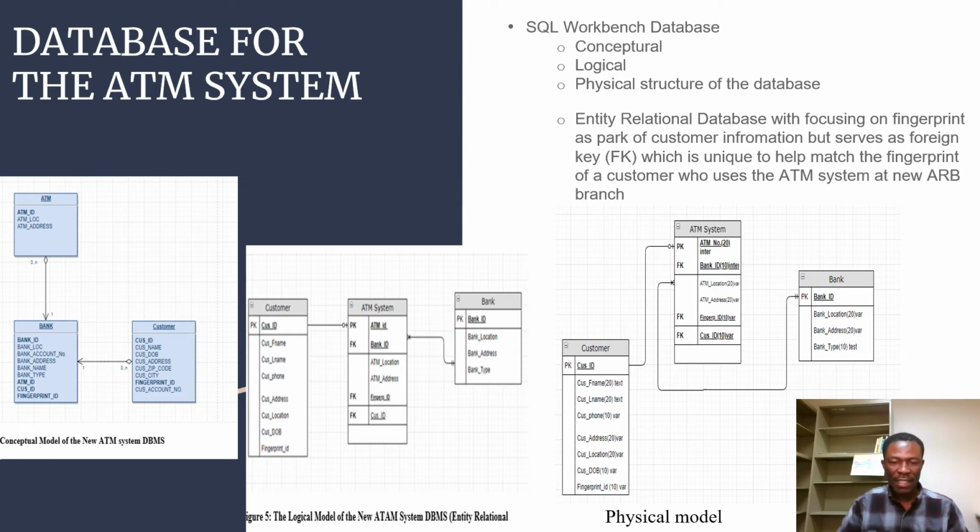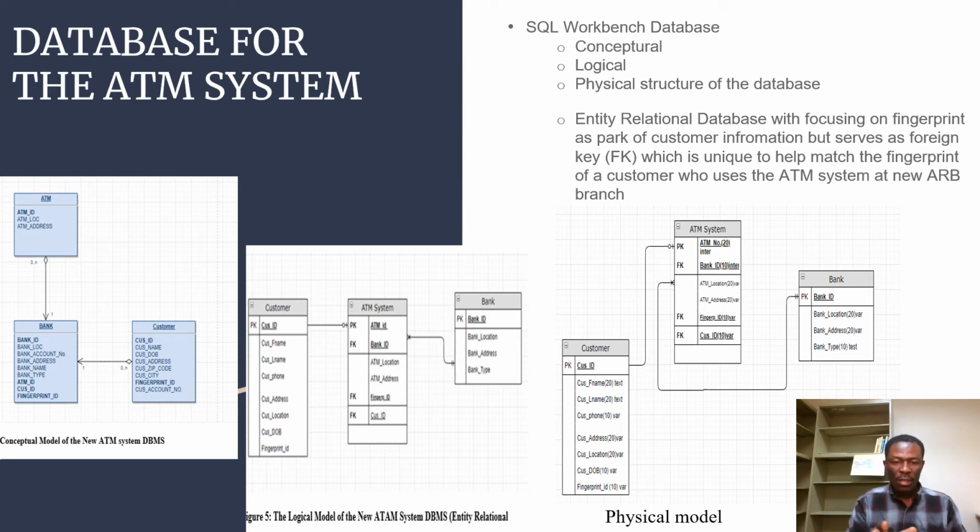This fingerprint ID, when you come to the middle schema, you realize that the fingerprint ID is going to be seen as a foreign key, whilst in the customer side it is a main key, like one of the primary keys.